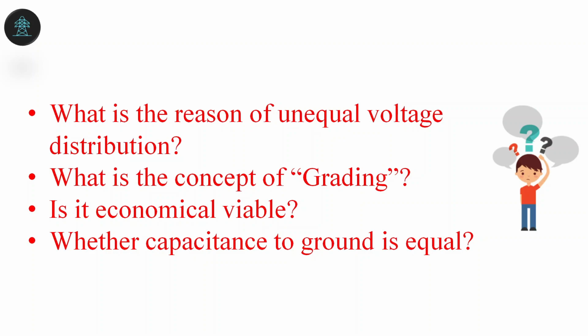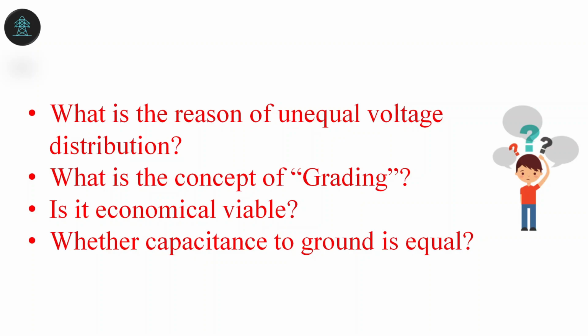We observed a capacitance formed between the pin of the insulator and the tower structure, so a leakage current flows through this capacitance. Thereby, we notice unequal current flowing through the disc insulators. Further, all the disc insulators offer identical capacitance. Hence, the voltage drop across each disc insulator is different.